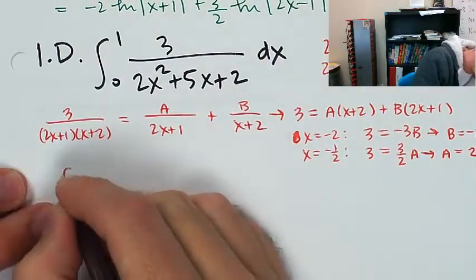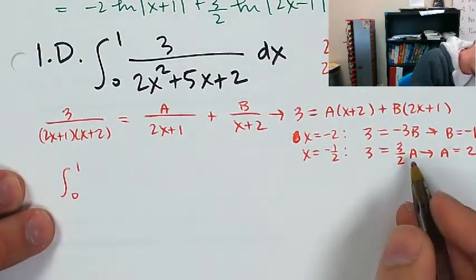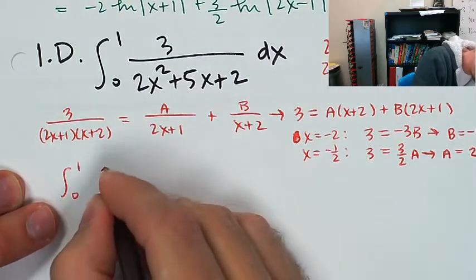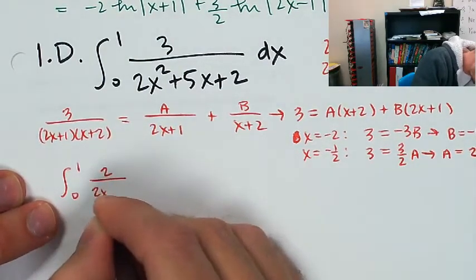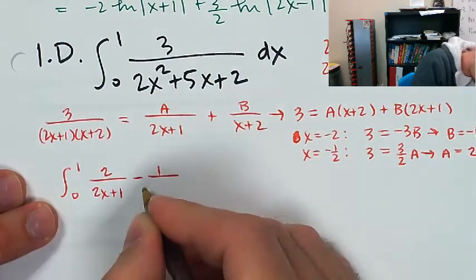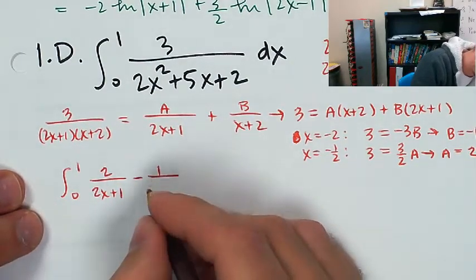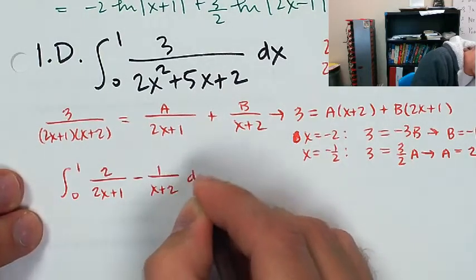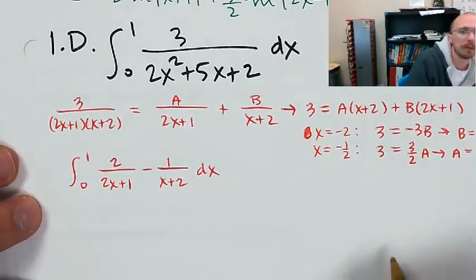Now I'm going to be integrating from 0 to 1 on a, and b is negative 1, but I could write it like minus 1 over x plus 2. I'm going to need an antiderivative here.